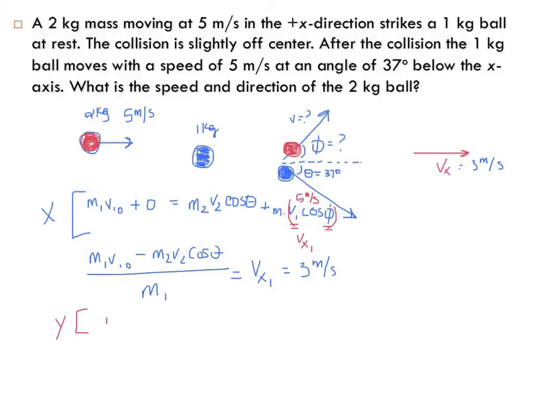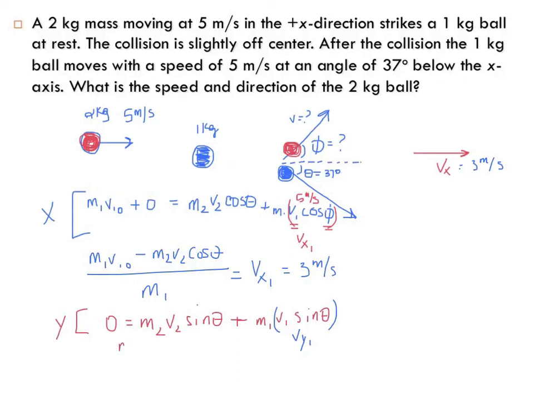So we can start this by 0 is equal to m2 v2 sine theta plus m1 v1 sine phi. Again, very similar to the first part, but I don't know this v1 sine phi, so I can replace it with vy1, and then solve for vy1.